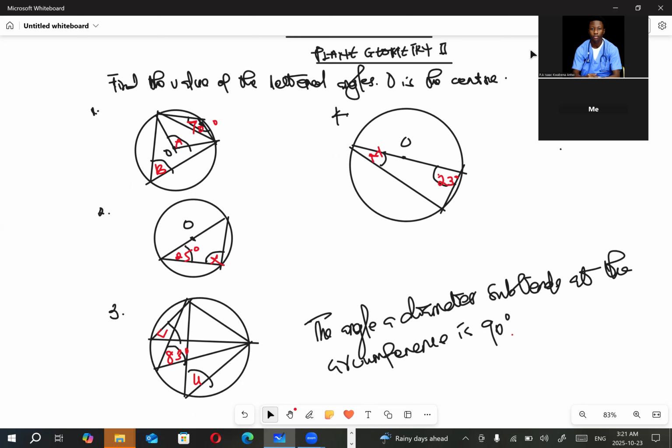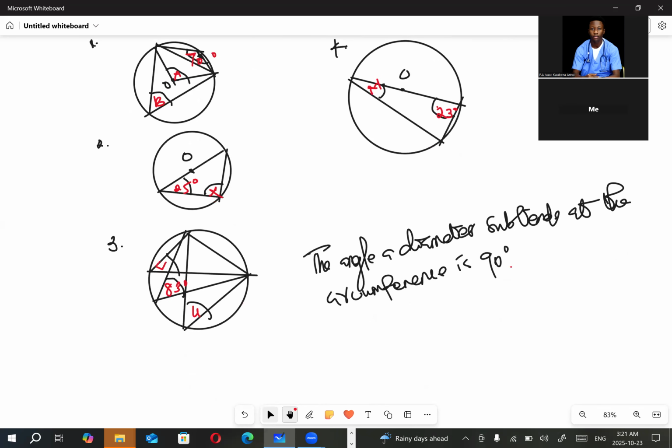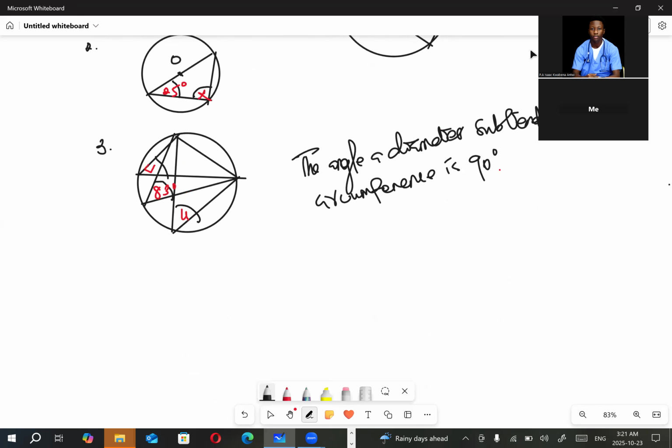Now, for this lesson, I'm going to introduce one more property. I think the last lesson we ended at property 4. So let's look at property 5. Property 5.